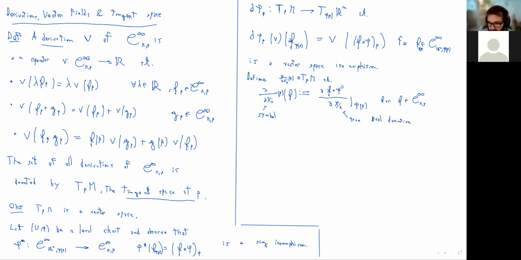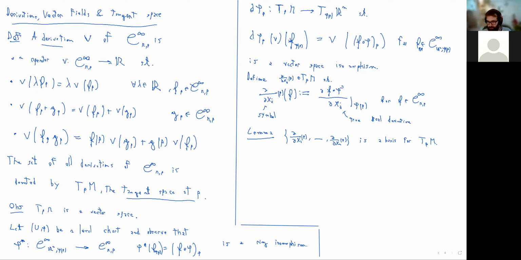This is the standard derivative. And the lemma here is that the set made of such derivations is a basis for T_pM.